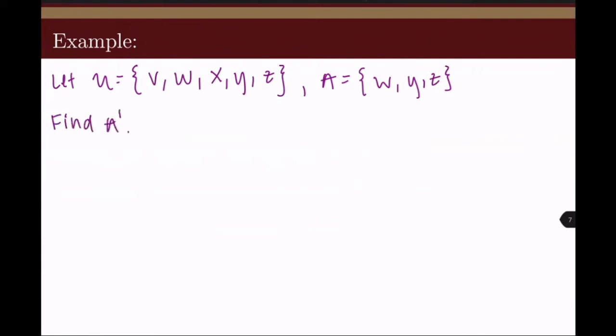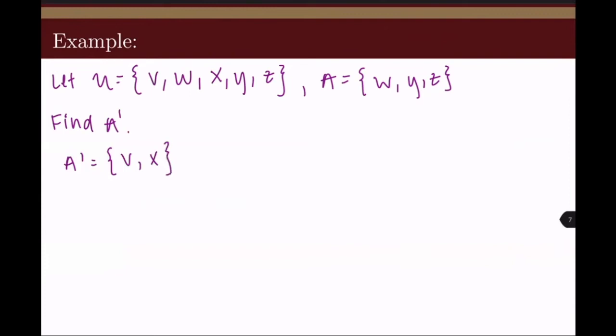Okay, well, A complement is defined as all of the letters in U that are not in A. So that means we'll look at U and we'll compare it to A. So first we see V. V is not in A, so we'll include it in A complement. W is in A, Y is in A, and Z is in A. So that means the only two letters in A complement are going to be V and X.